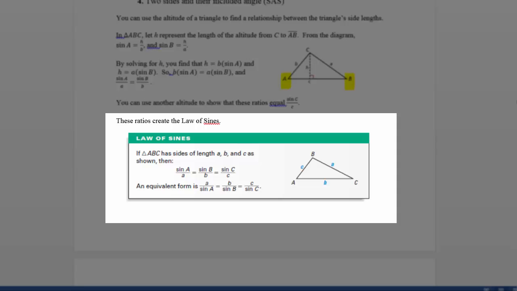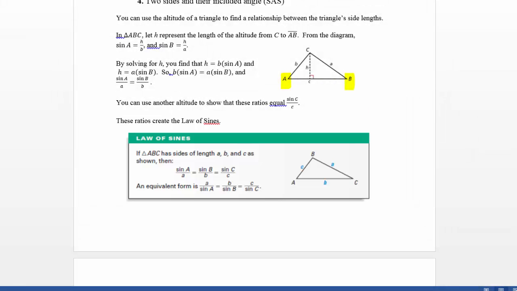Now, whenever we get our problem, we're only going to be given a certain amount of information. Well, what should happen in theory, if the law of sines is going to work, is that one of the ratios in this three-part proportion should be completely filled out, and that particular ratio is the one we're going to use to actually solve the given problem.